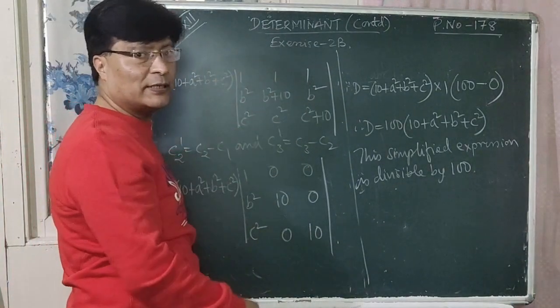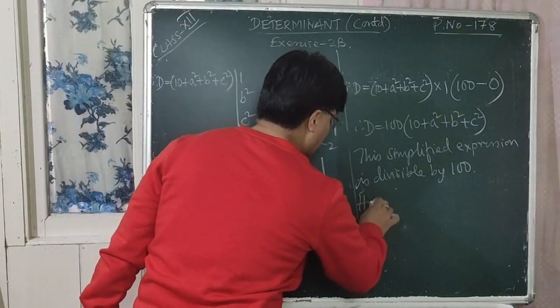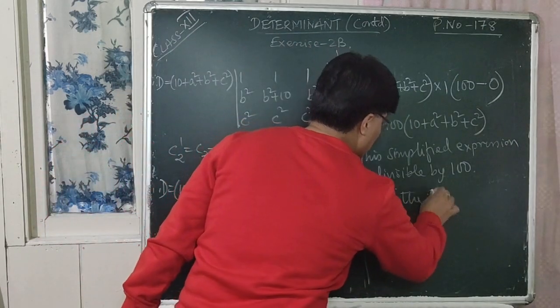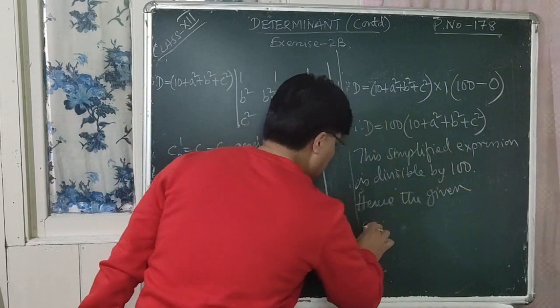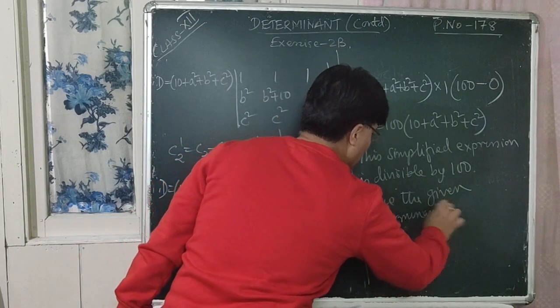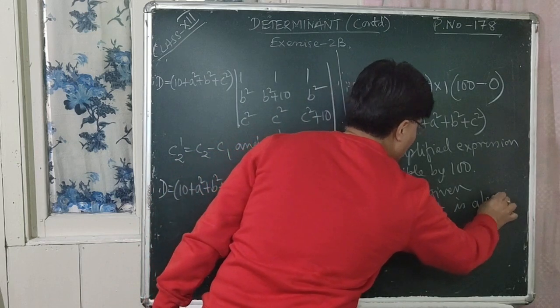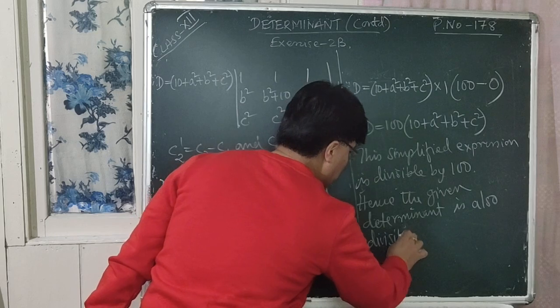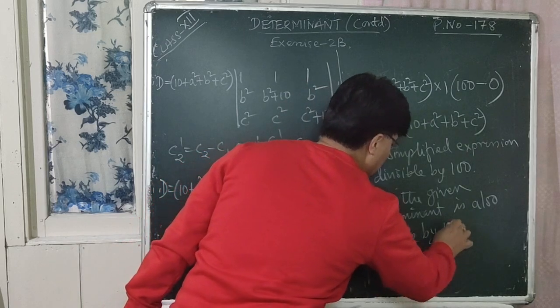So hence the given determinant is also divisible by 100. So you have to write, hence the given determinant is also divisible by 100.